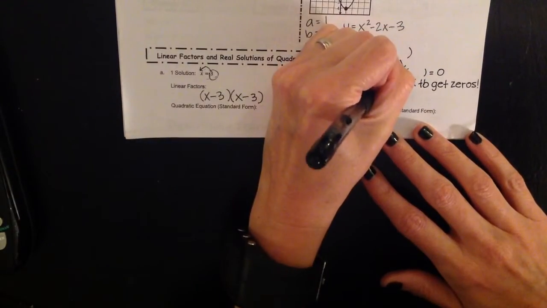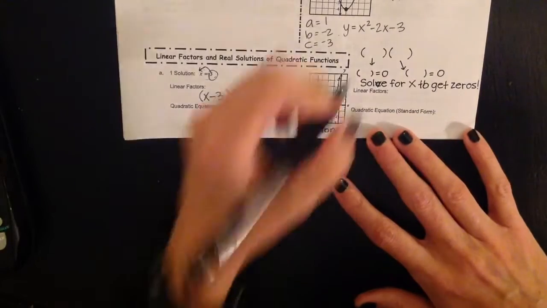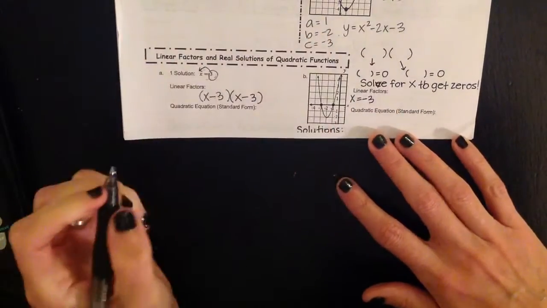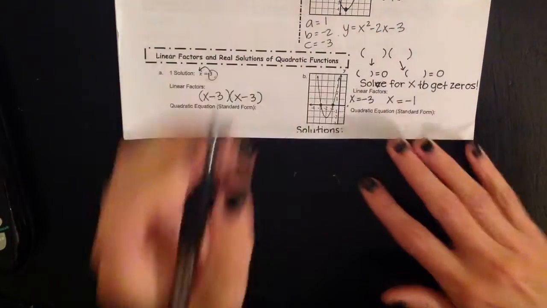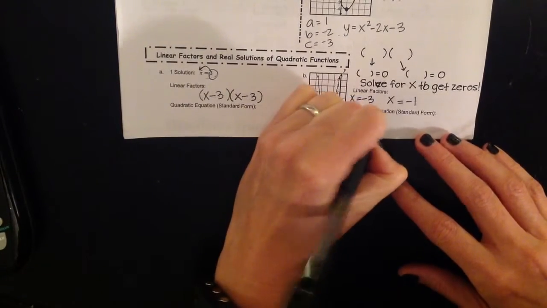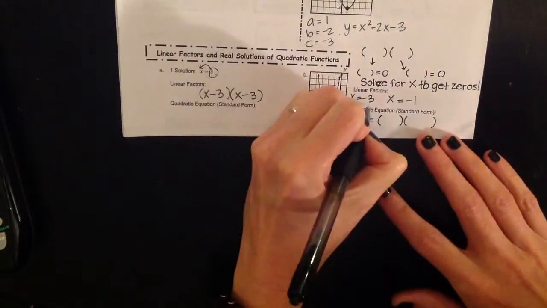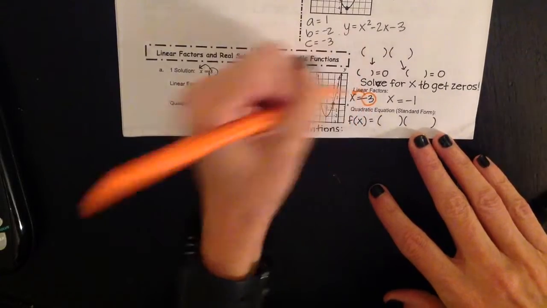Okay? Same for here. My linear factors are x equals -3, x equals -1. So if I want to write this as a quadratic equation, I'm going to write it in 2 parentheses in factor form. But here's what I'm doing. I'm going to move this -3 back to the other side with the x.